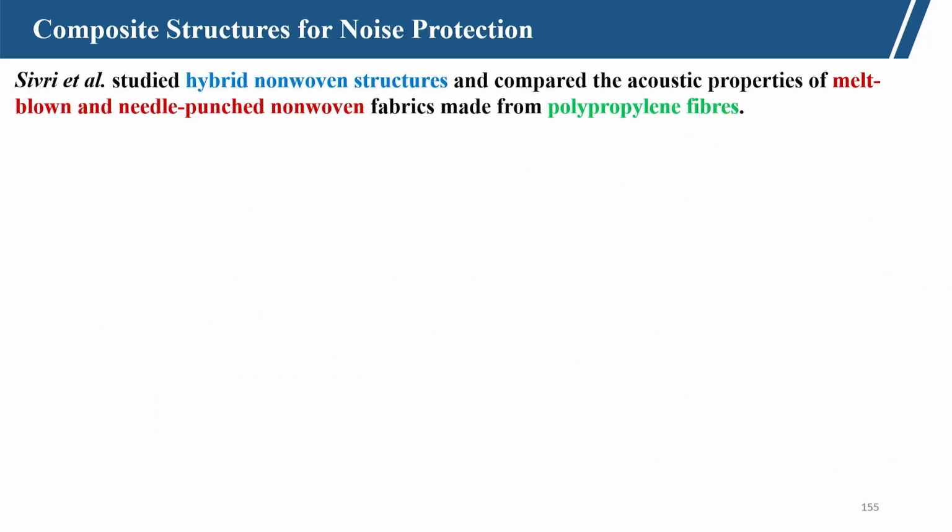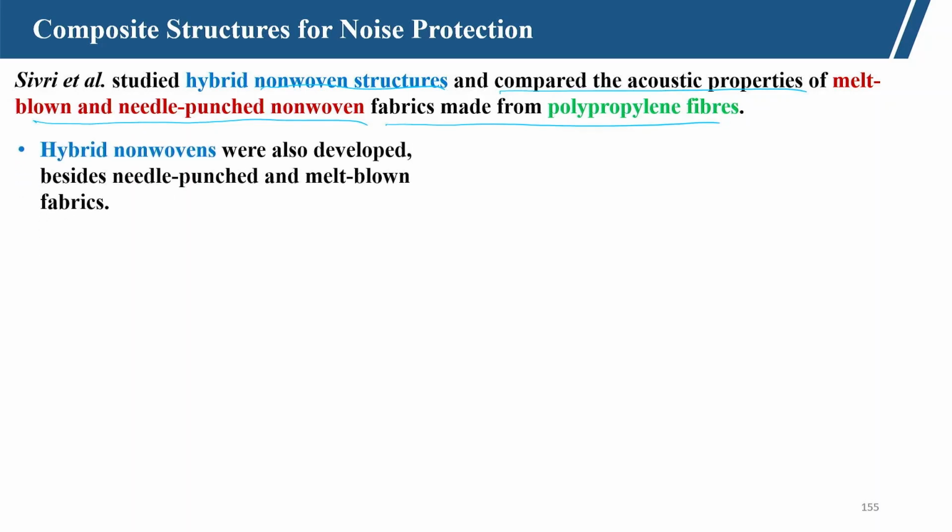There is another study on a hybrid nonwoven structure that compared the acoustic properties of melt blown and needle punch nonwoven. They produced the composite, and the fabrics are made up of polypropylene fiber.